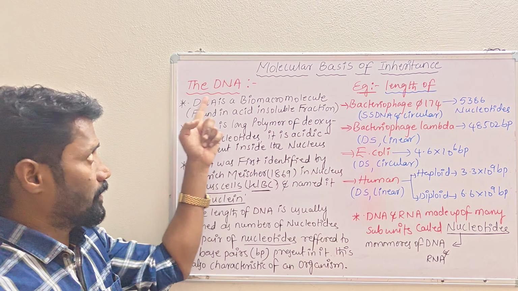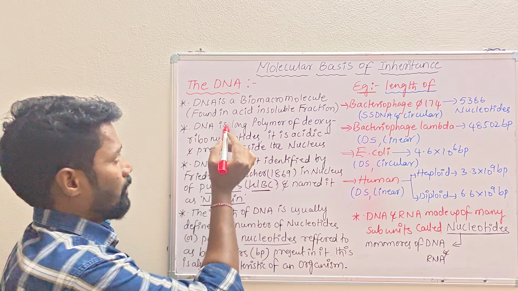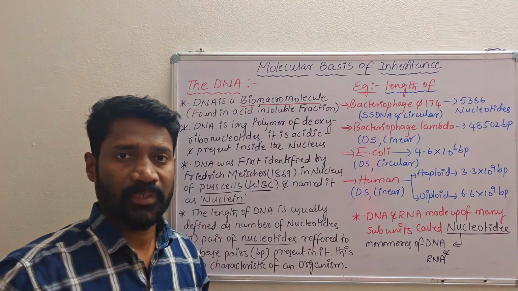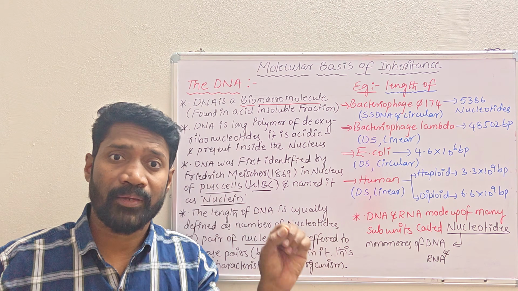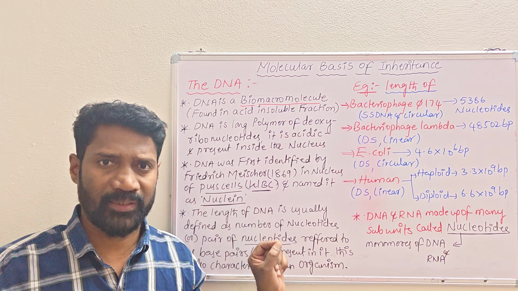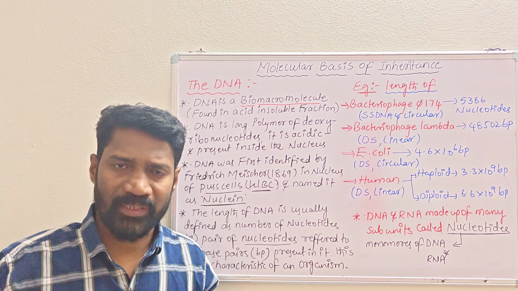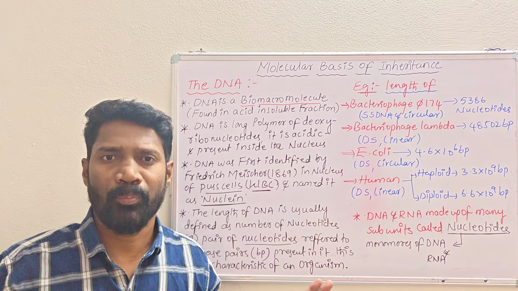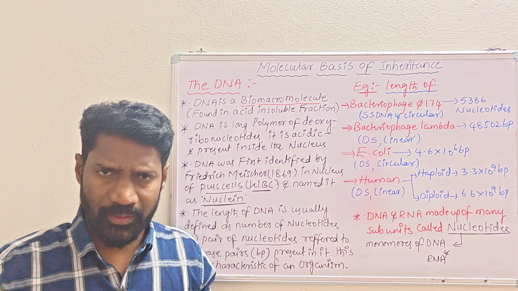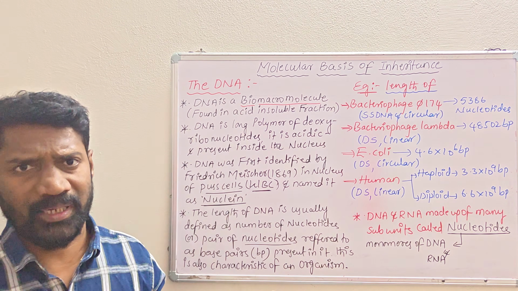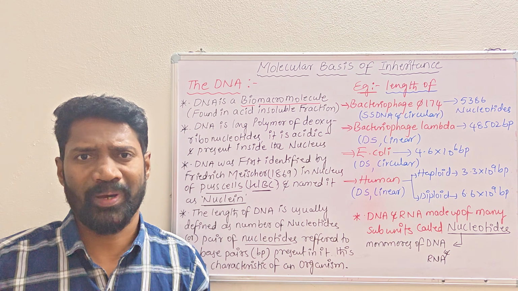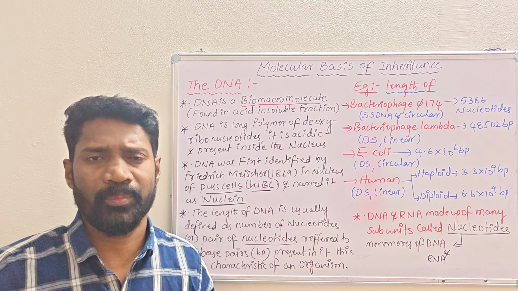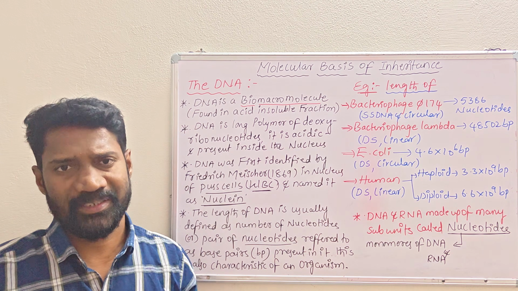Now see the DNA. DNA is a biomacromolecule. It is one type of biomolecule, but we know that biomolecules are of two types: biomicromolecules and biomacromolecules. Already we discussed the two types of fractions in the biomolecules chapter: acid soluble fraction and acid insoluble fraction, or retentate fraction.